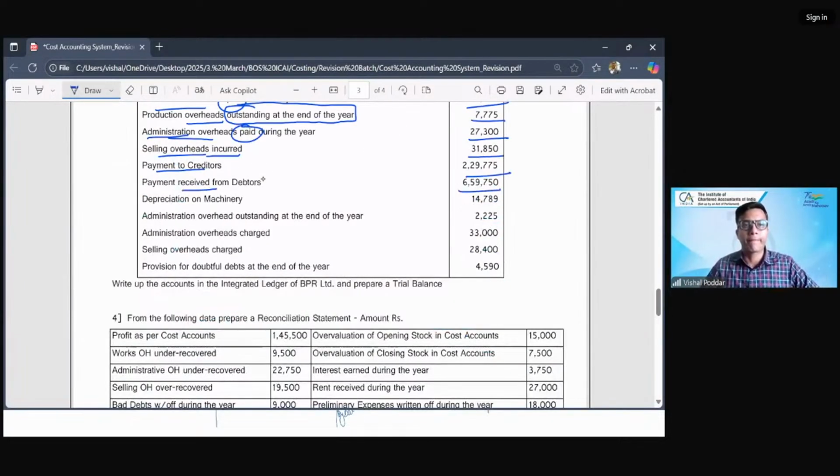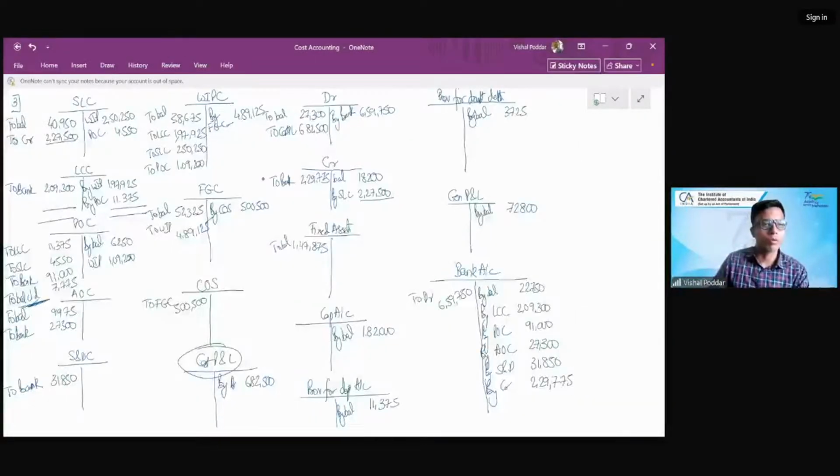Then machinery depreciation. Interestingly, this expense will be posted in production overheads, because in our overheads the expenses relating to factory, which are indirect, are posted. So we will post it in production overheads. Oh, it is already full, so I'm writing here 14,789. But the question is, what is the second effect?